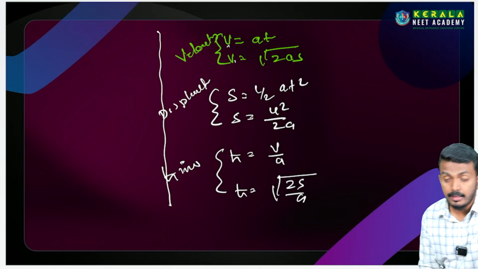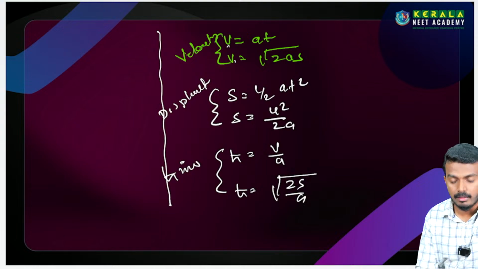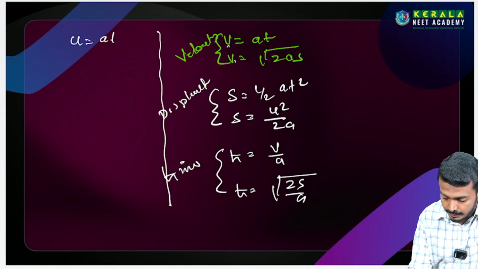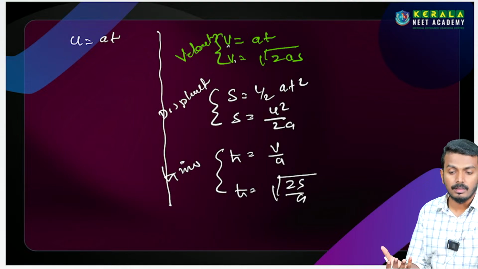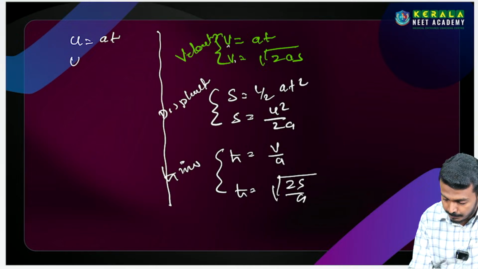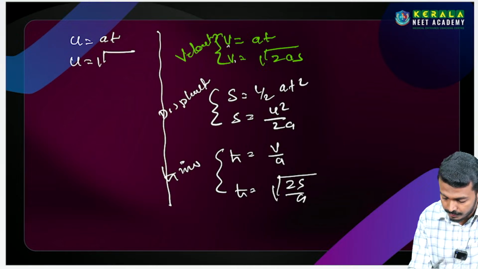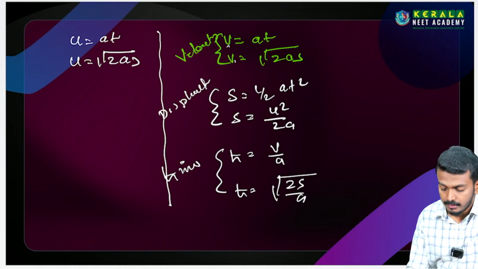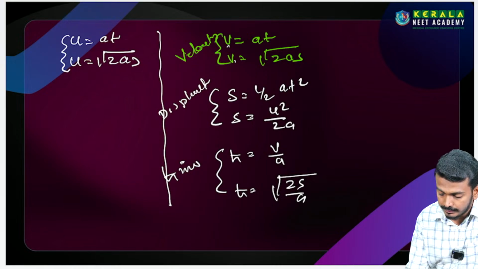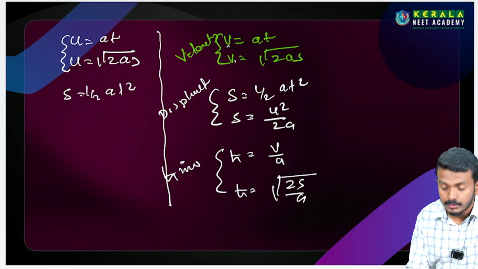Same time, initial velocity is there and final velocity is 0. Write it like this: u is equal to at. Why? Only initial velocity is there, final velocity is 0. Same time u is equal to root of 2as. These are the velocity pair. Then third, s is equal to half at square, no change.